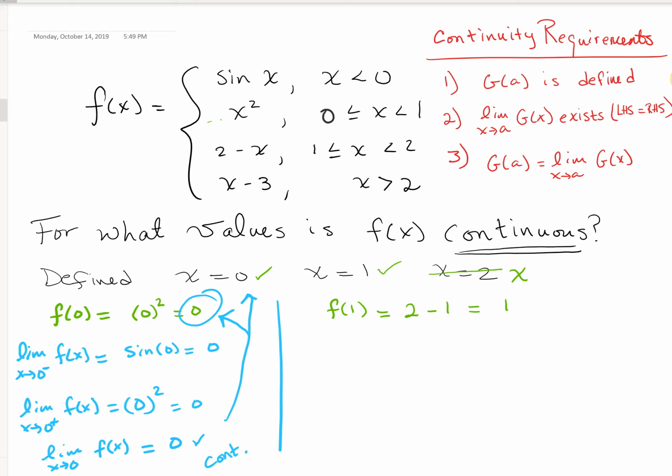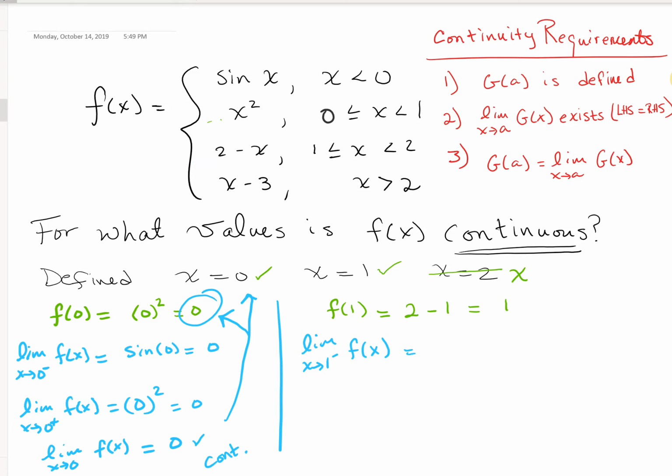All right, and now we're going to check the second part of this at 1. The limit as x approaches 1 from the left of f of x, and so that is going to be this 2 minus x function right there.